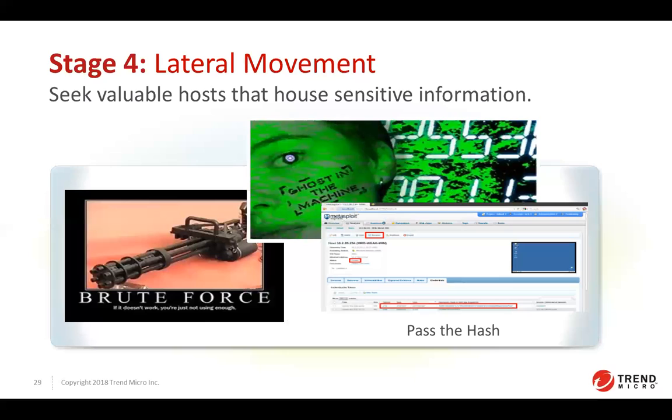If I can steal the administrator's credentials, then I can get access to any of the machines or networks that administrator has. You're also going to see passing the hash, and brute force login attempts regularly, usually with default usernames and passwords. Hopefully organizations have changed those on a regular basis. But lateral movement is key to them.